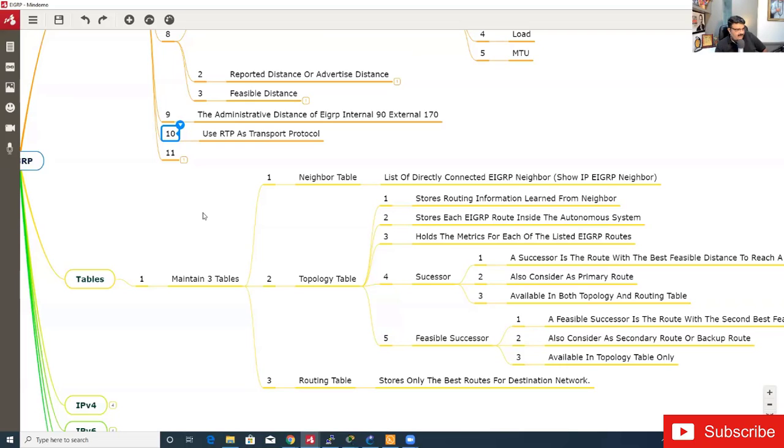The question is, what is TCP and UDP? I'm not asking you the difference between TCP and UDP. I'm putting UDP and TCP in the same bucket, and you have to give me the answer: what is the function of TCP and UDP?